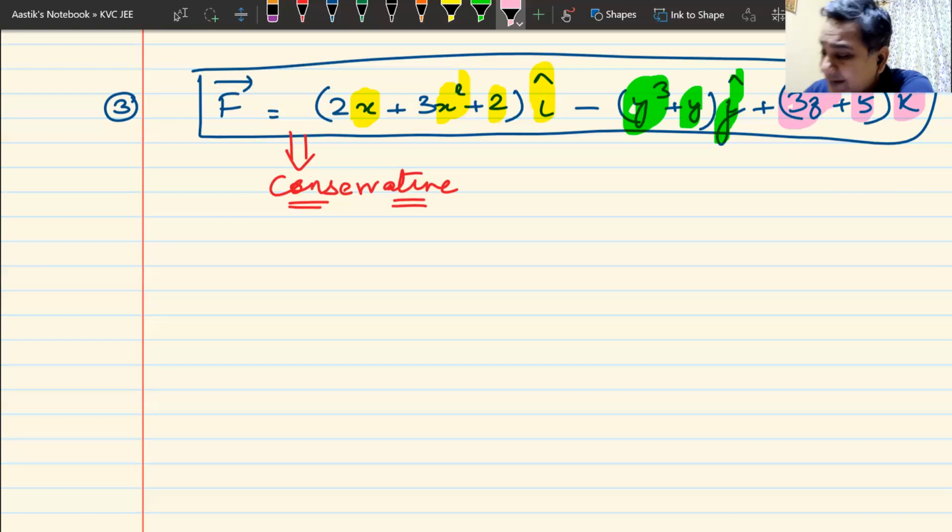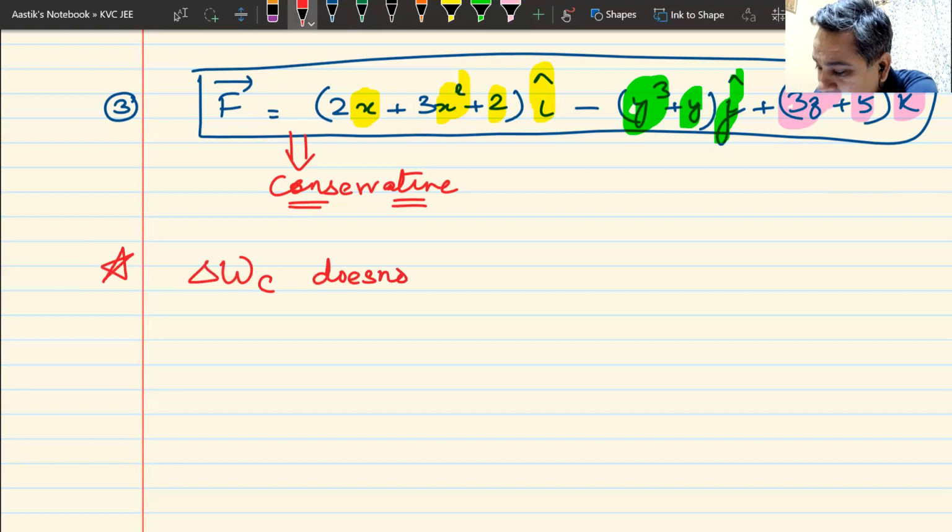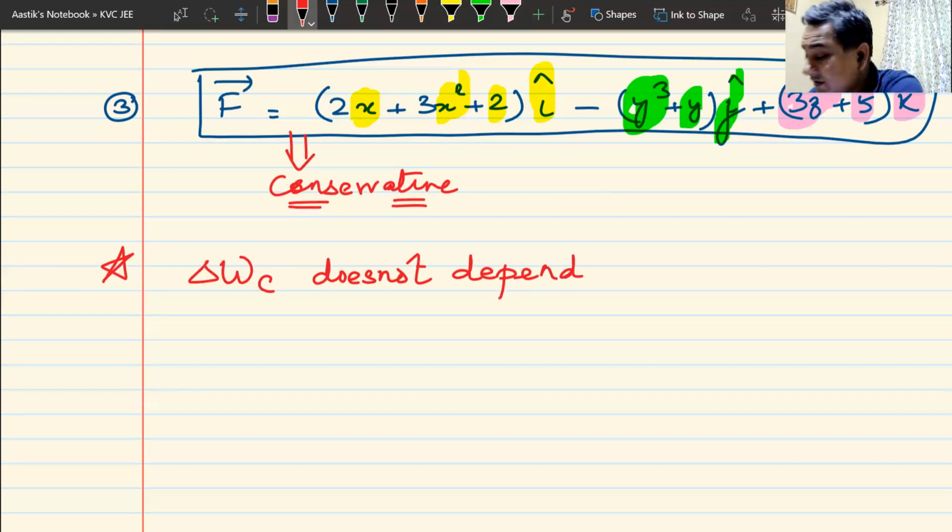The main point that we must remember here is that work done by a conservative force does not depend on path. That is the most important thing that comes out of this discussion. We already know it.